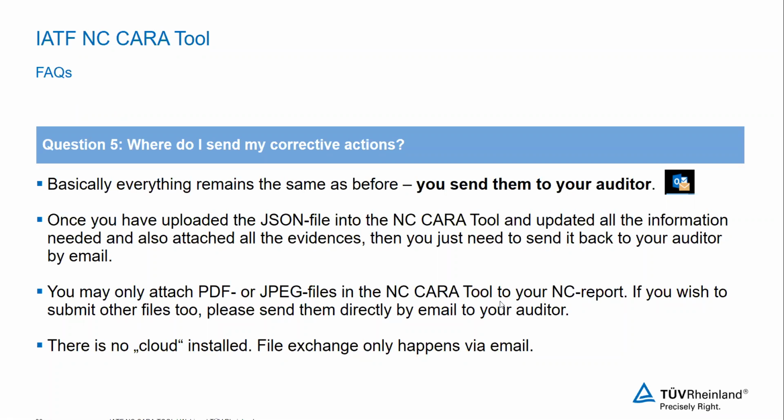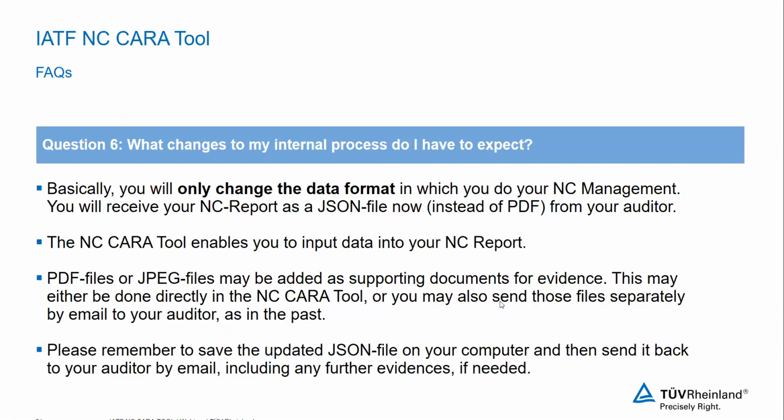So how does CARA impact your internal processes, and what changes do you maybe need to expect? Well, basically what is mainly happening is that you only change the data format in which your NC management is done. Now the NC report is a JSON file instead of a PDF file, which it was previously.